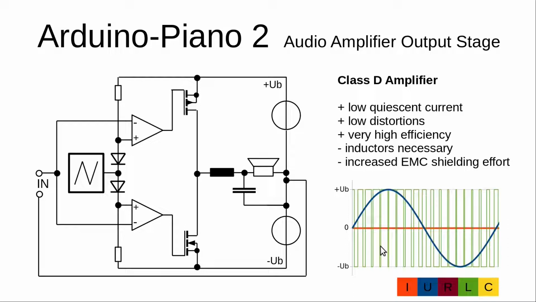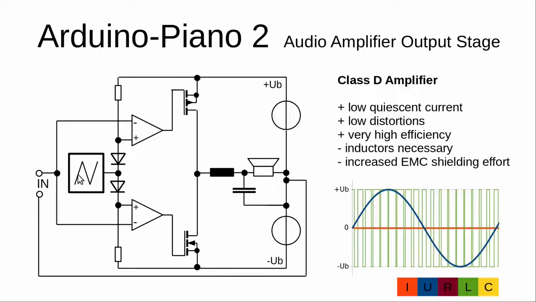One possibility to generate the PWM signal is a very fast triangle oscillator, and its frequency should be much higher than the maximum audio frequency. When the input voltage is below the triangle, the lower output transistor is turned on. When the input voltage is above the triangle, the higher output transistor is turned on.